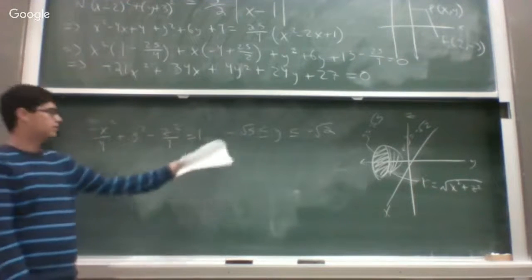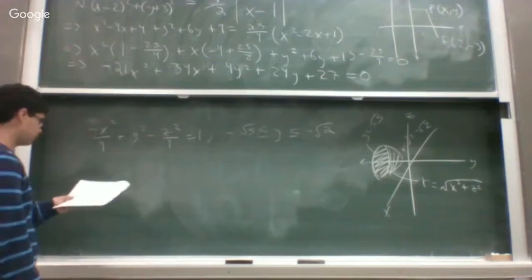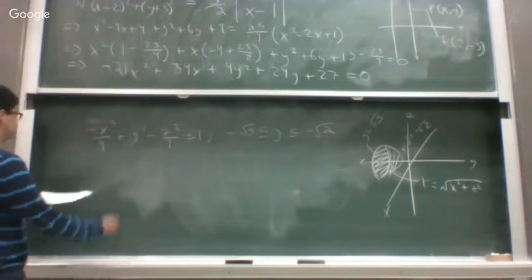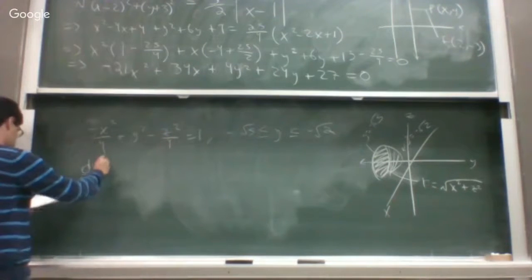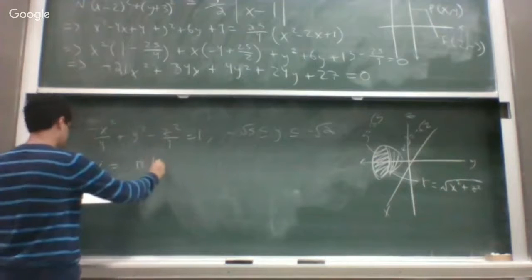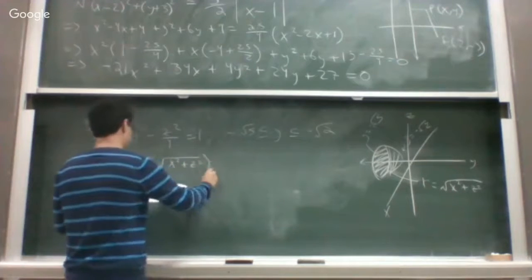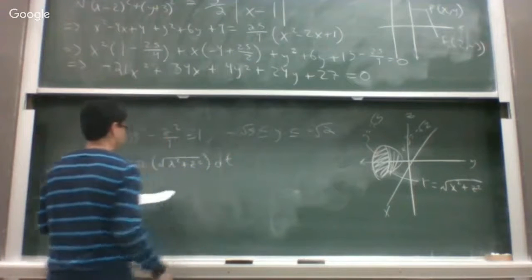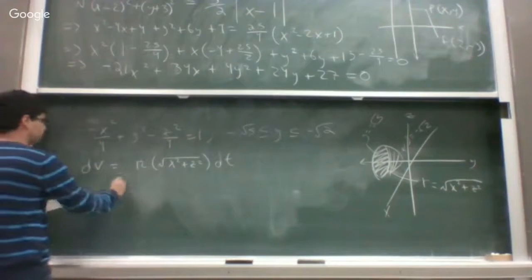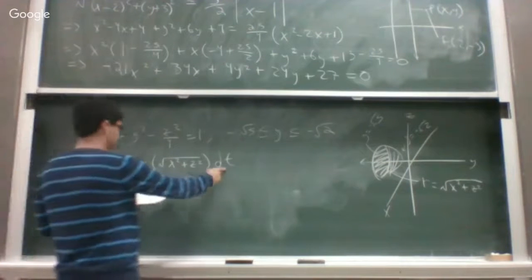But it has limits with y. Okay? So if we were to find our dV, it is equal to pi times radius squared times dt. Essentially, this becomes dy.